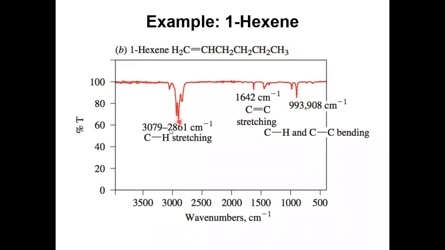We already know that the sp3 hybridized CH gives you a few peaks slightly below 3,000 reciprocal centimeters. But you also have a weaker peak slightly above 3,000 reciprocal centimeters. This is sp2 CH. And we will further look at the relationship between the vibration and the hybridization of the atom.